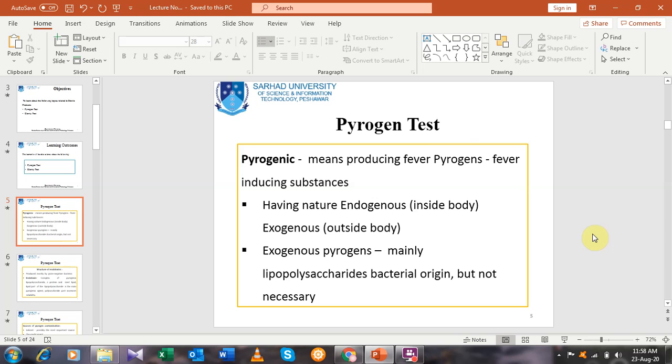Antipyretic drugs are those drugs which are responsible for controlling the body temperature rise, and that's because of the pyrogen. Pyrogen means producing fever, and pyrogen means fever inducing substances.